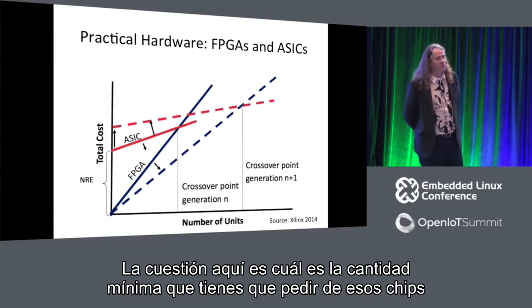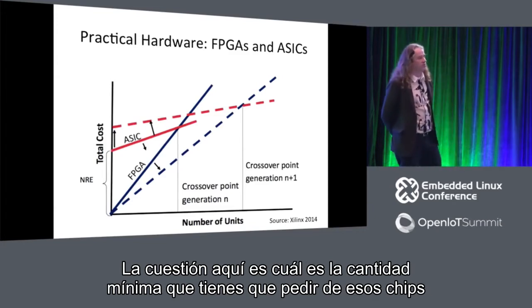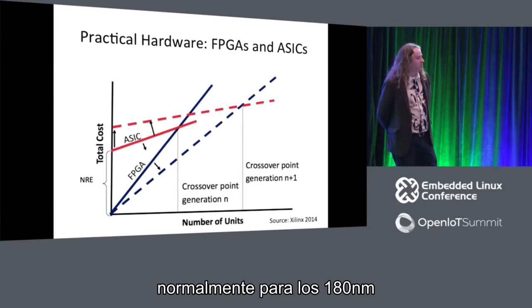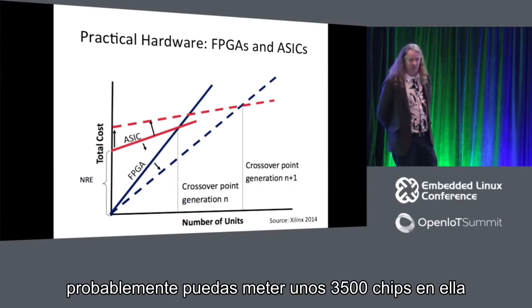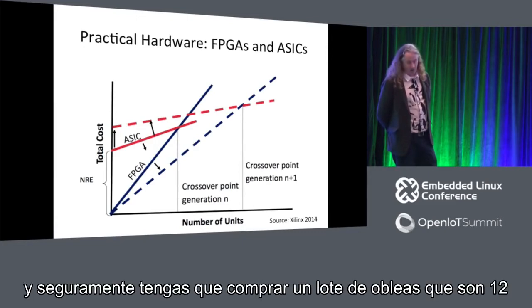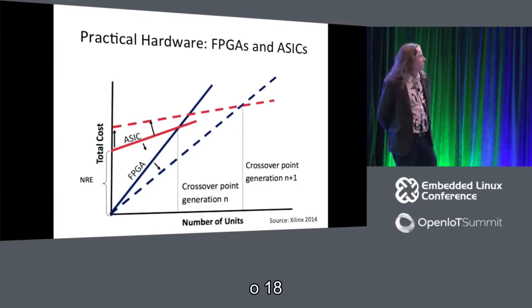The question becomes, what's your MOQ? What's your minimum order quantity for those chips? One wafer in 6-inch or 8-inch wafers, which 180 nanometer usually is, you can probably put about 3,500 chips on. And that wafer is $1,800. So that's not too bad. And you probably need to buy a boat of wafers, which is 12 or 18.